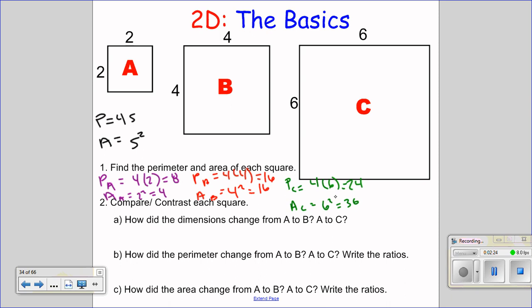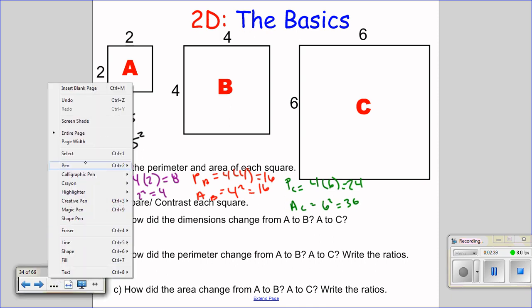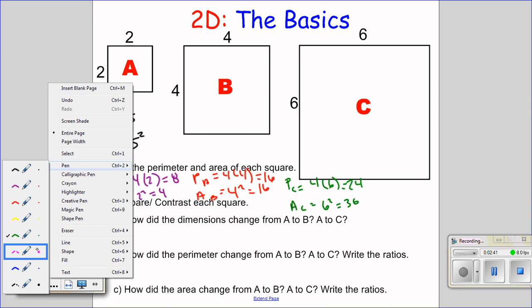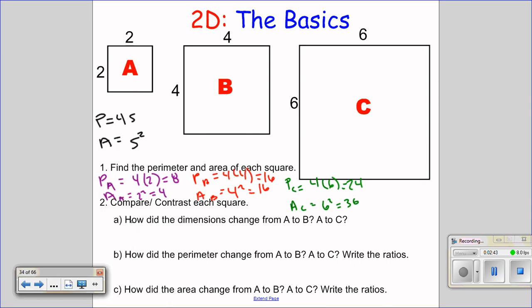Now number 2 wants us to compare and contrast each square. How did the dimensions change from A to B? Well, from A to B, you can see that the sides doubled because 4 is 2 times as big as 2.